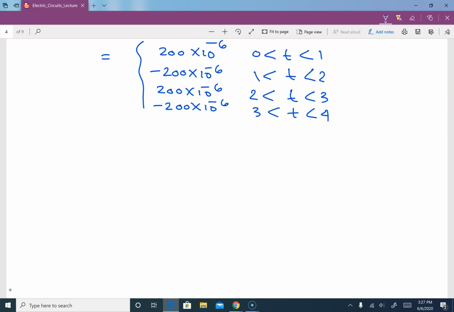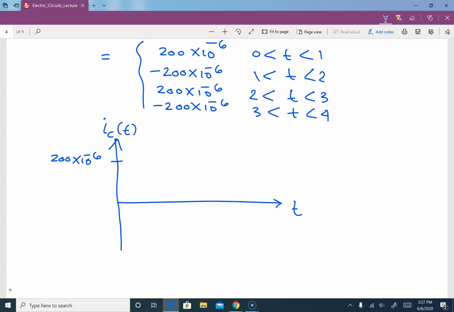So the waveform will be like this. This is our t. This is the capacitor current IC, with 200 times 10 to negative 6, and over here negative 200 times 10 to negative 6.